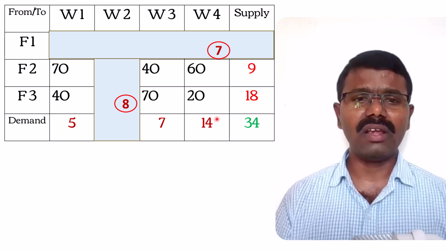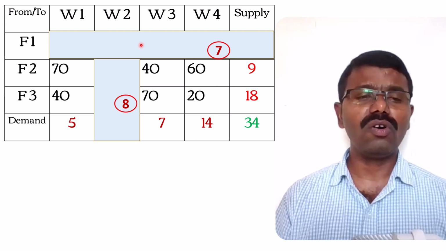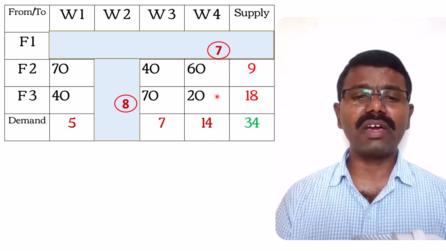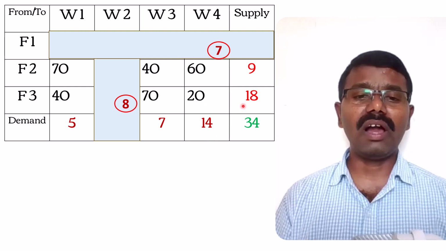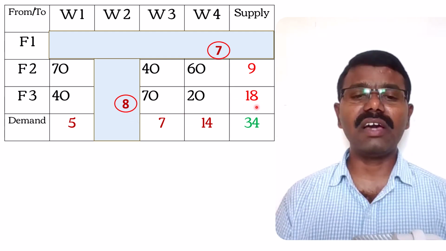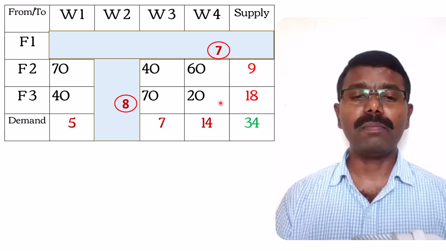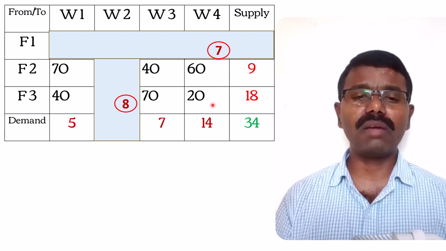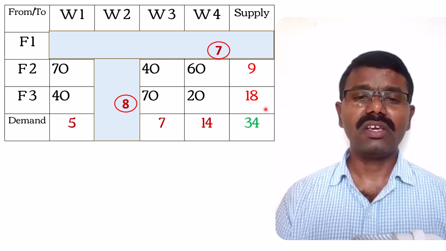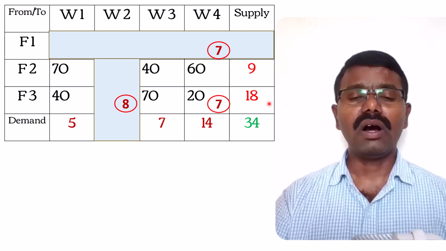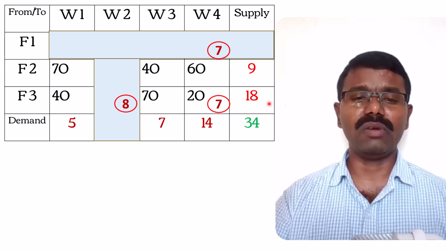Out of 14, already 7 was given to warehouse 4 from factory 1, so the remaining 7 only we can allocate to this cell. Already out of 18, 8 units are gone, and here only 10 units are available. So demand is 7 but available supply is 10, so we can allocate 7 comfortably.